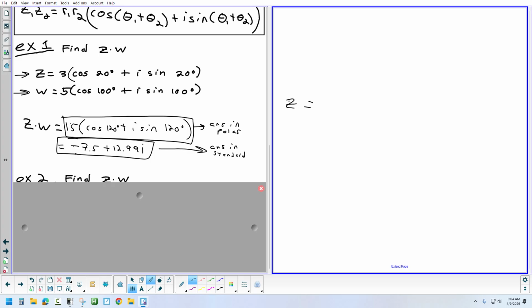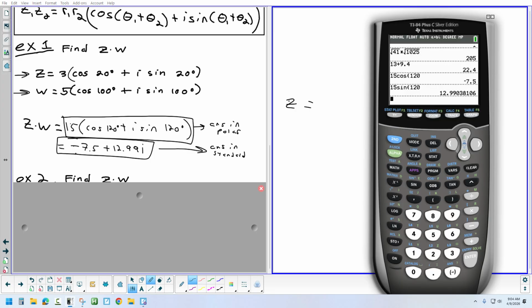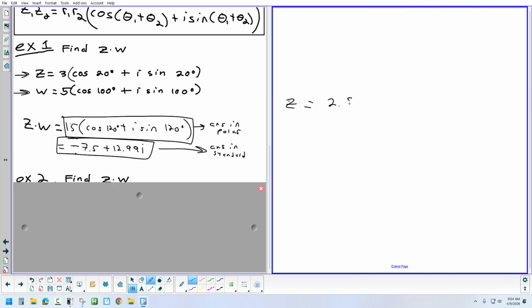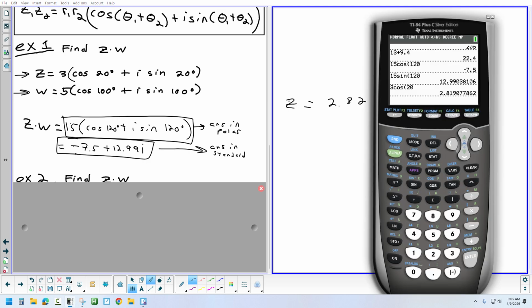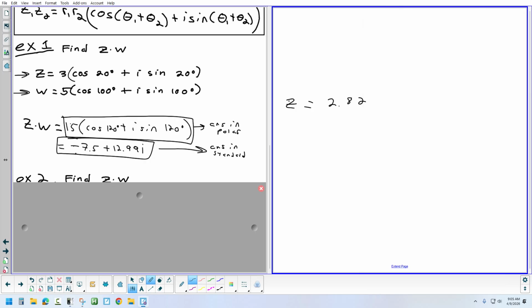So I need to multiply 3 cosine 20. That gives me about 2.82. And 3 times the sine of 20 gives me about 1.03. So numbers are going to be a little off, but they should be close.